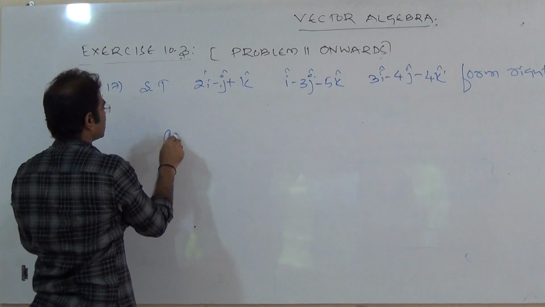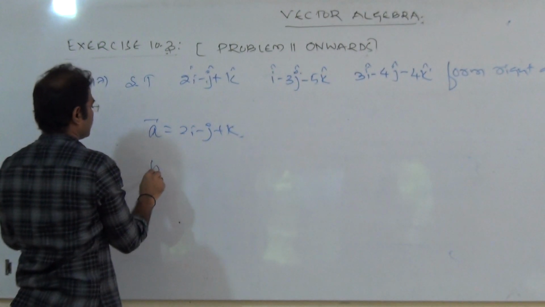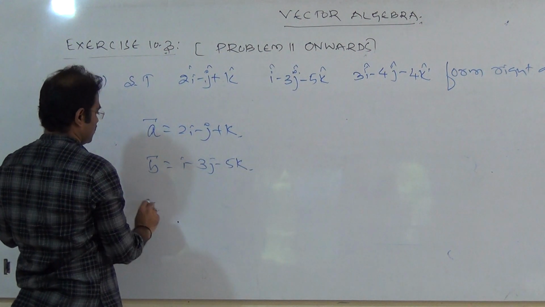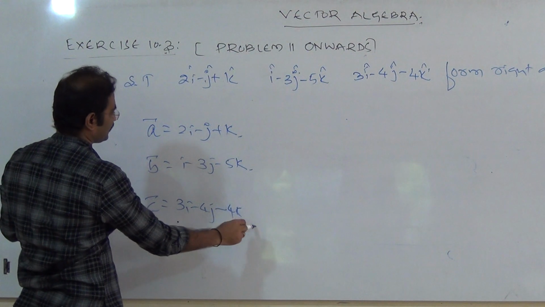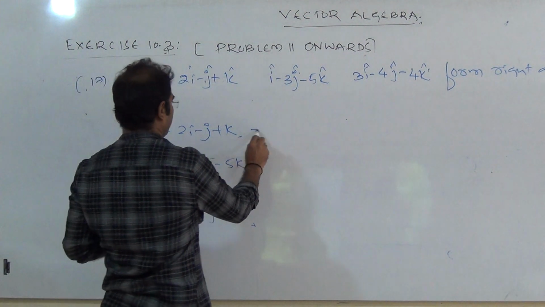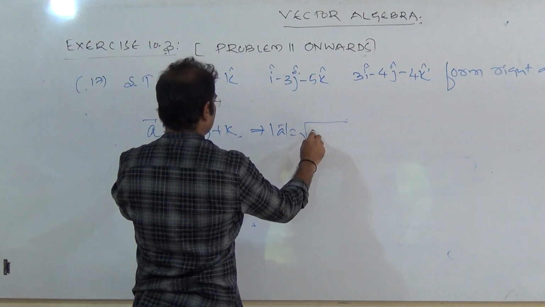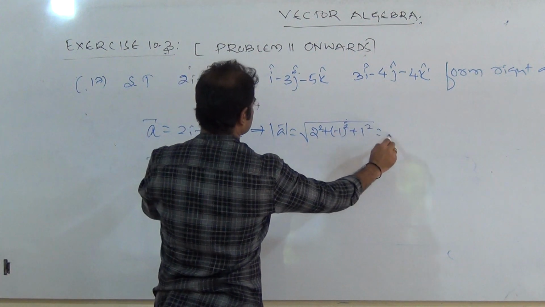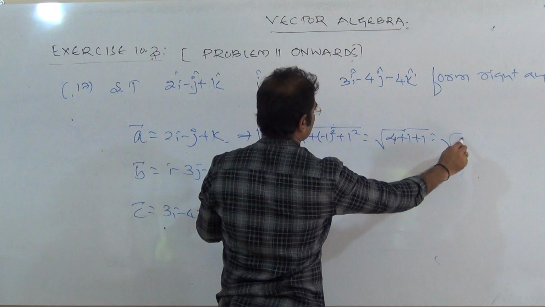Therefore, you call this A, equal to 2i minus j plus k. B is equal to i minus 3j minus 5k. C is equal to 3i minus 4j minus 4k. Magnitude of A is equal to square root of 2 squared plus minus 1 squared plus 1 squared, that is 4 plus 1 plus 1, equal to root of 6.